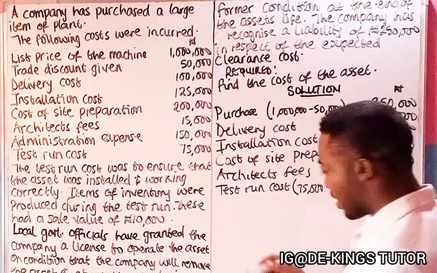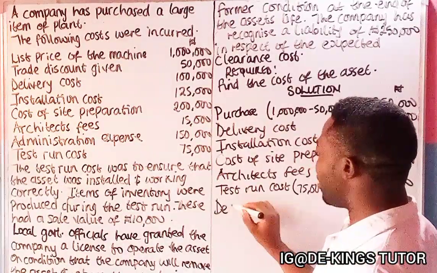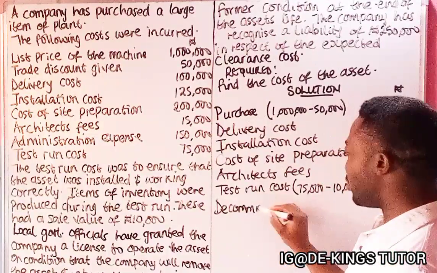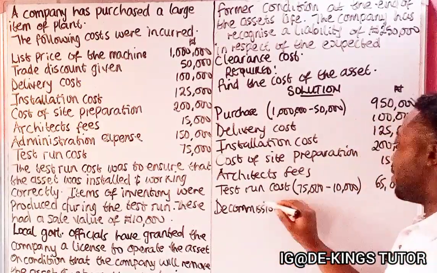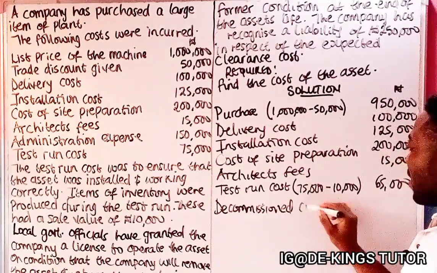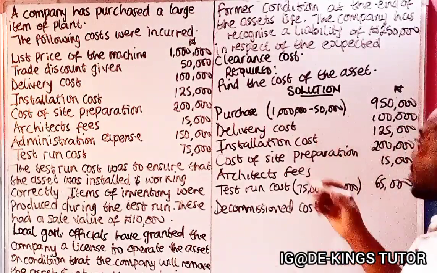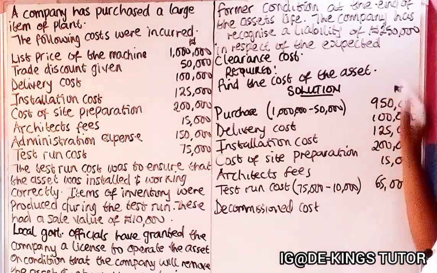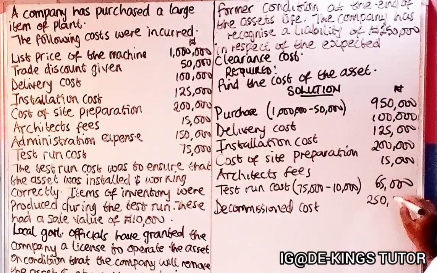Okay, so we can call that decommissioning cost, or we can call it the clearance cost. Okay, how much is it? It is 250,000. Okay, so that's all.